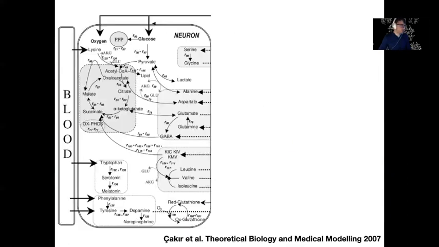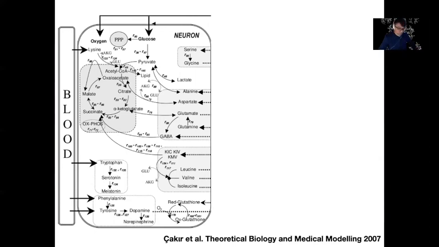So for a long time, we were really interested in all the biological mechanisms related to the neuron, and we had just half of the picture. And you can see here how the blood interacts with the neuron, brings things to the neuron so that it can work out its action potential.